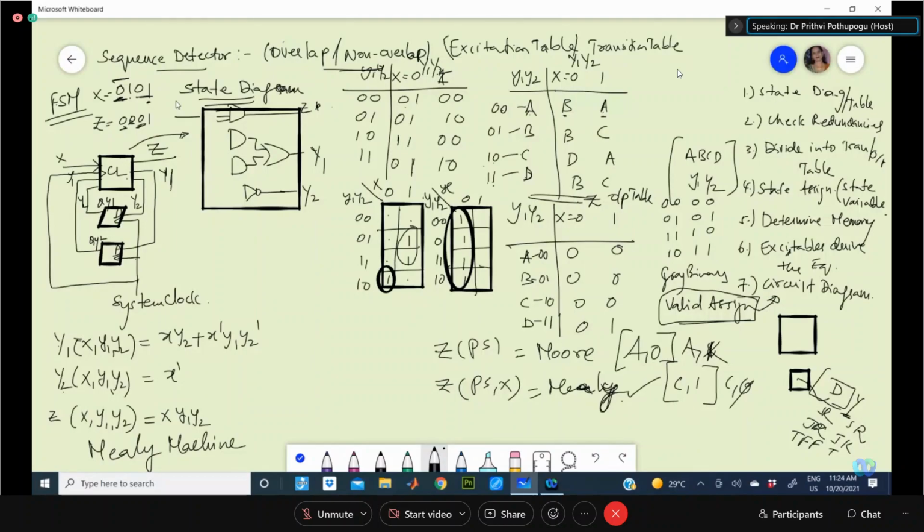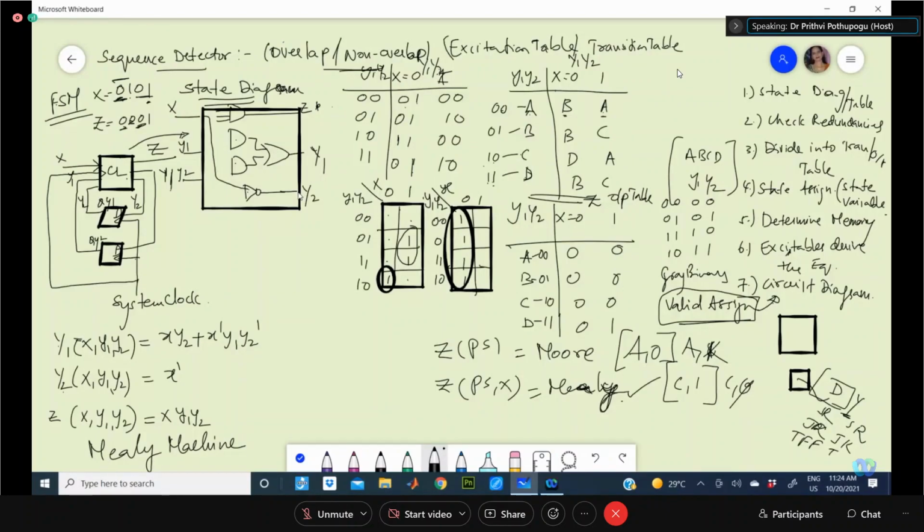And here you'll have x, y1, y2. So according to this equation, give the connectivities here. Just give the connectivities from these points.